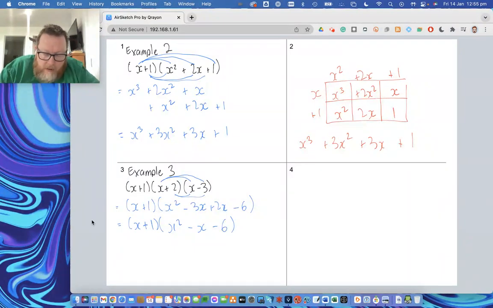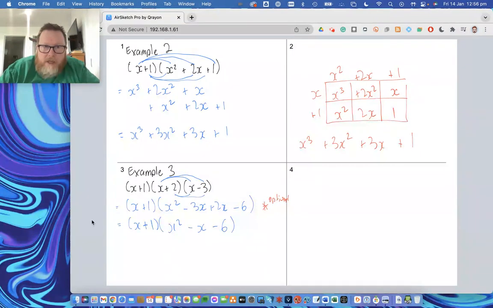And again, this bit here, which I will just put a little star next to and put optional. Again, if you're feeling confident, you can absolutely go from here to here by doing this bit in your head. Okay, it's up to you. If in doubt, put the extra line in, particularly when there are negatives involved. I find when there are negatives involved, that's when you can make some mistakes in your head.